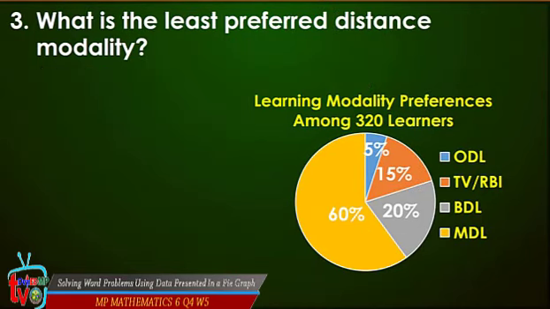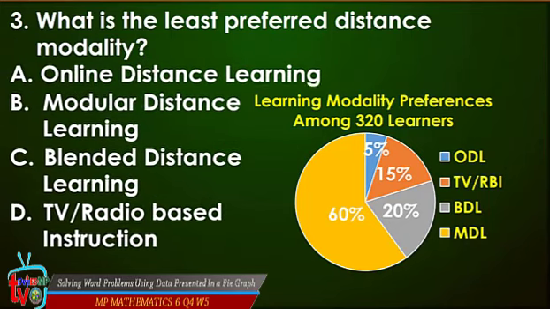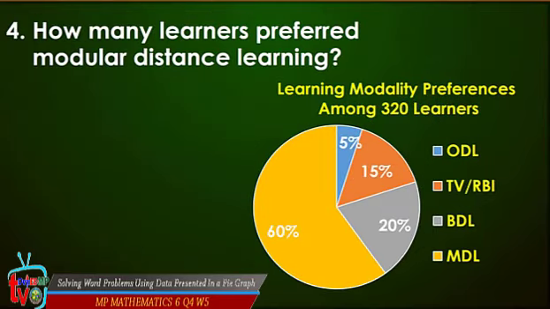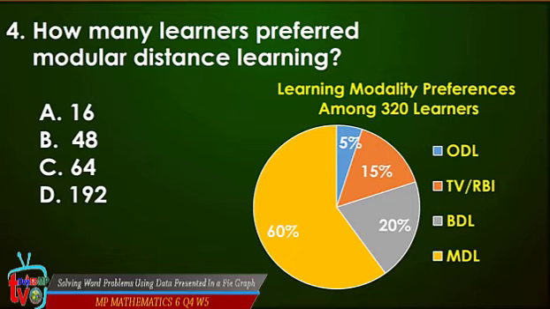Number 3. What is the least preferred distance modality? A. Online distance learning. B. Modular distance learning. C. Blended distance learning. D. TV radio-based instruction. Number 4. How many learners preferred modular distance learning? A. 16.